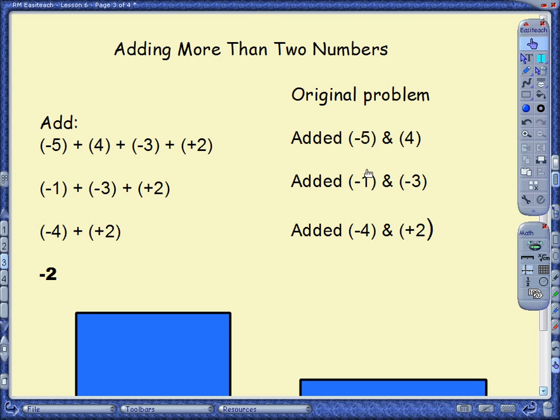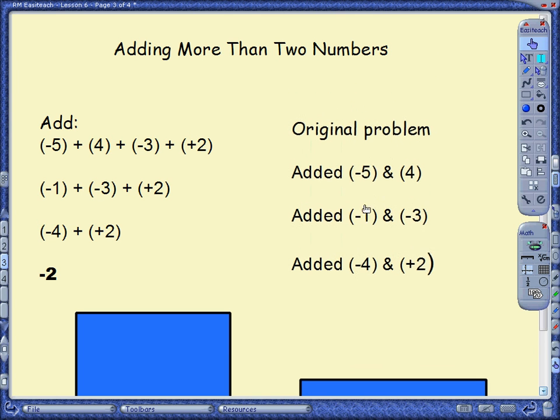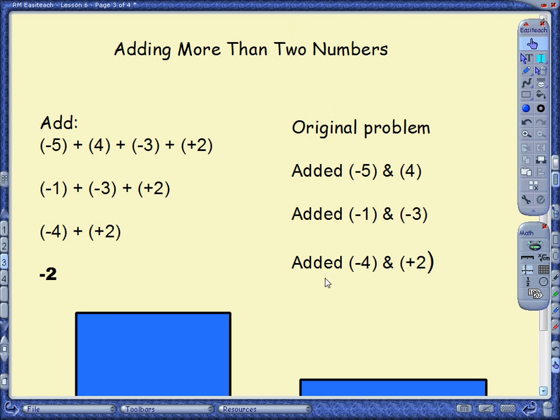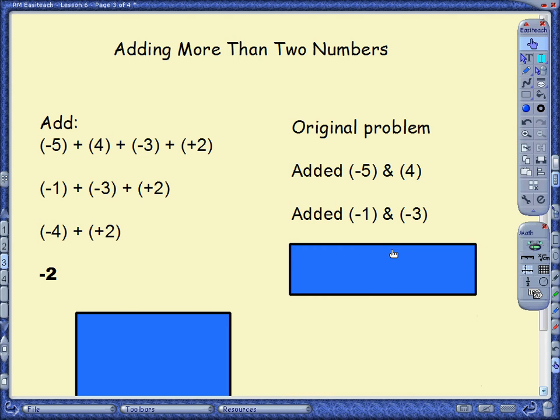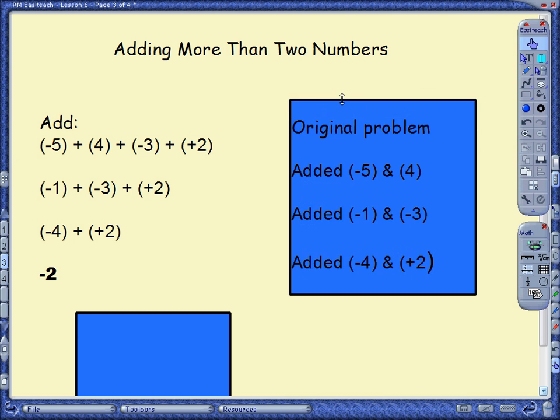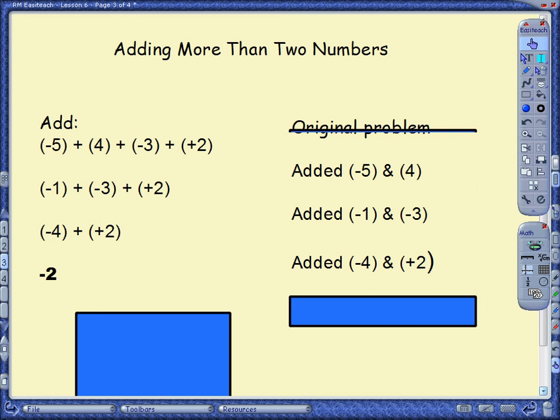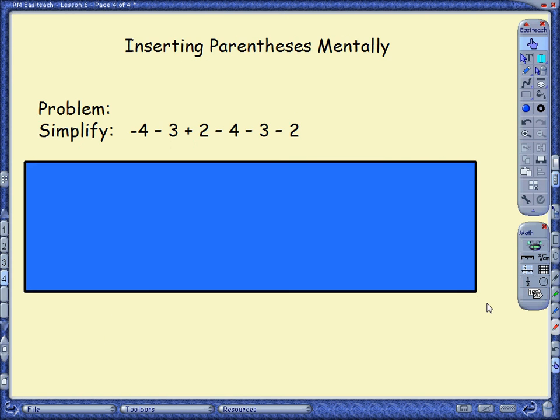They're different signs. The absolute value of negative 4 is positive 4. Positive 4 minus 2 gives me 2, and I give my answer the original sign.